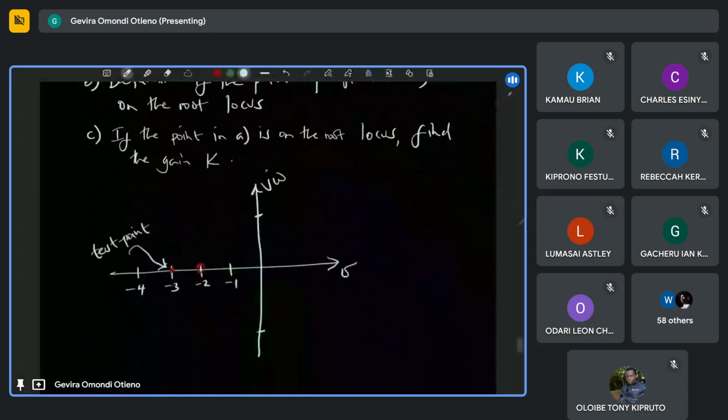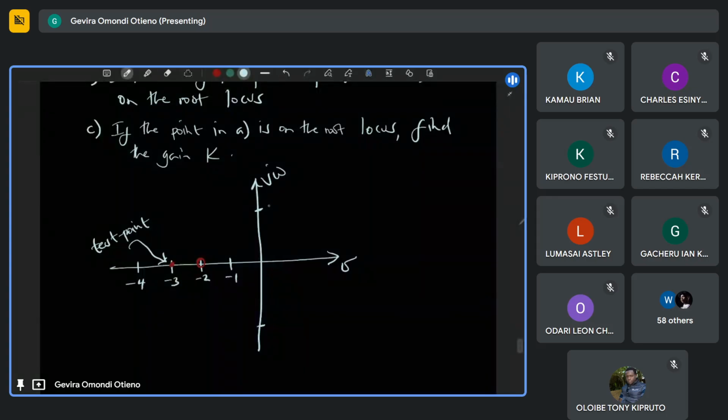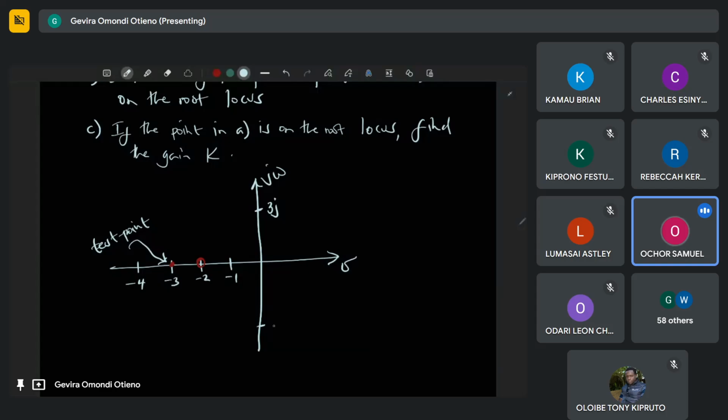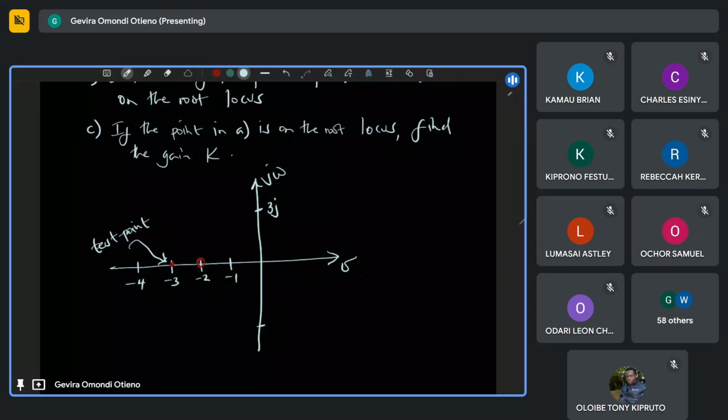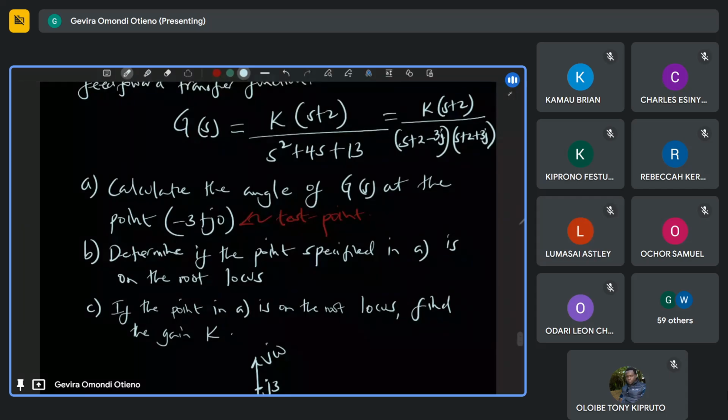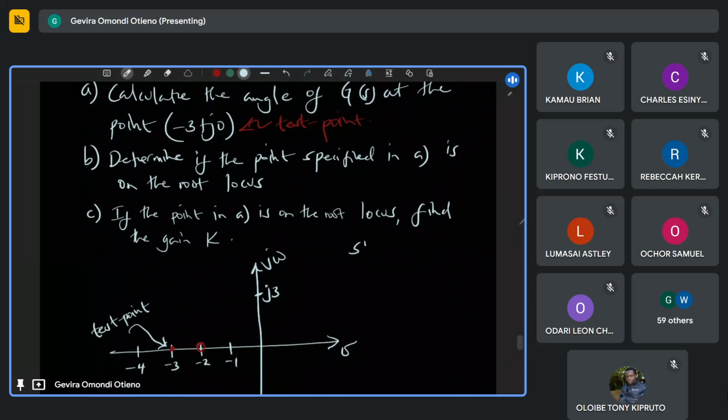So that therefore means that this point should be J3, and this point is minus J3. These are complex conjugates. If you say S plus 2 plus J3 and make S the subject of the formula, you have S equals -2 minus J3.